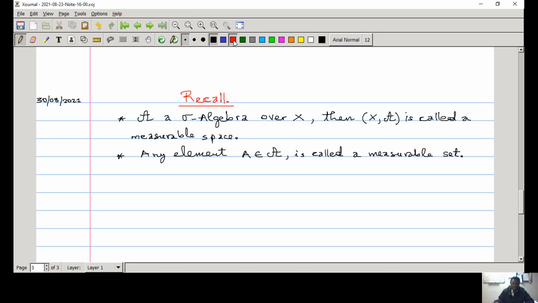Measurable set means that you can measure it, so you can apply a measure to it. So we have measurable set to indicate that you can compute, if f is a measure, f of A, or if mu is a measure, you can compute mu of A. Measurable space means you can define a measure.